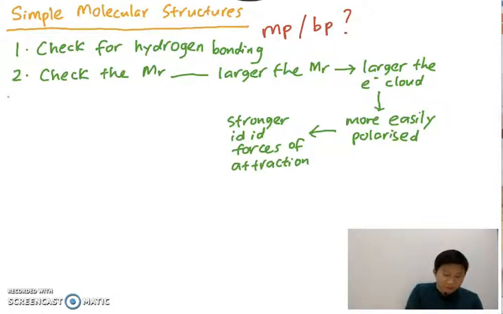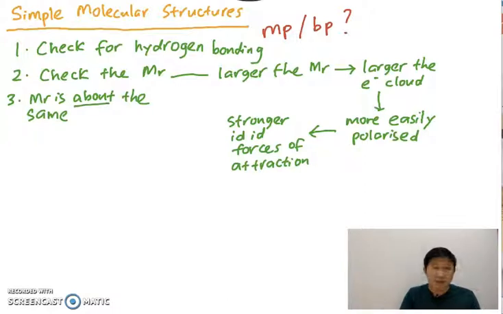Okay, in the event where the MR is about the same. Remember, it's about the same. Usually it's not exactly the same, so about the same. For example, MR of 78 versus MR of maybe 80, this is around the same.